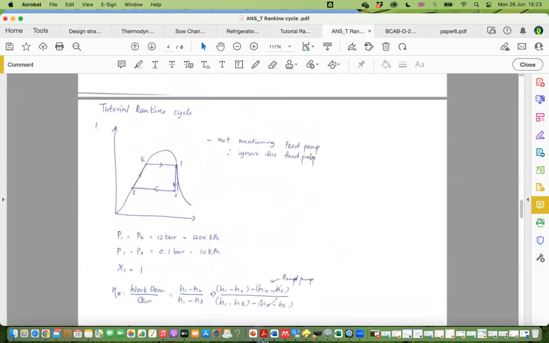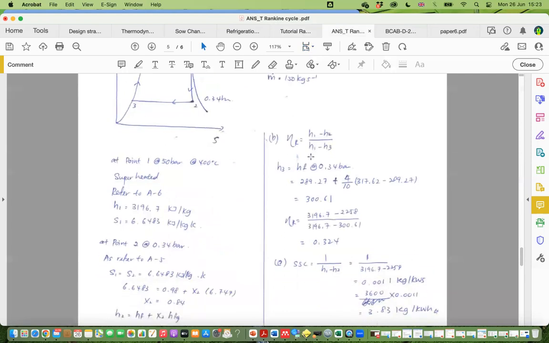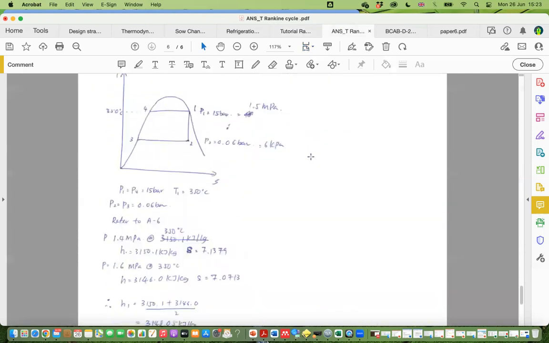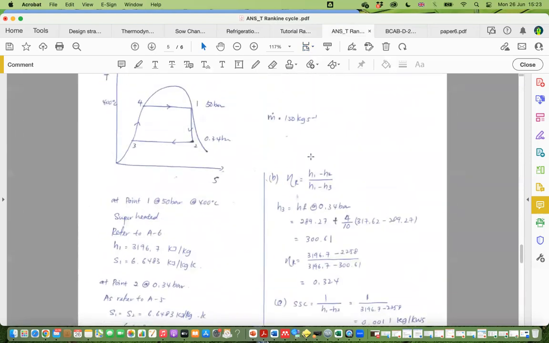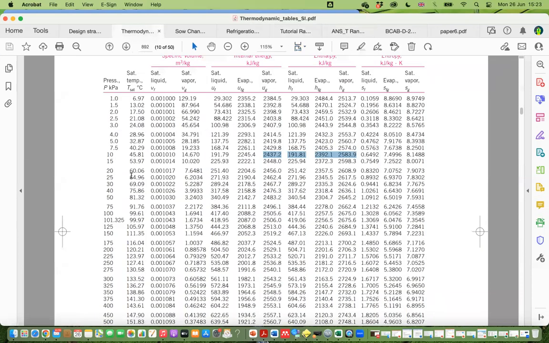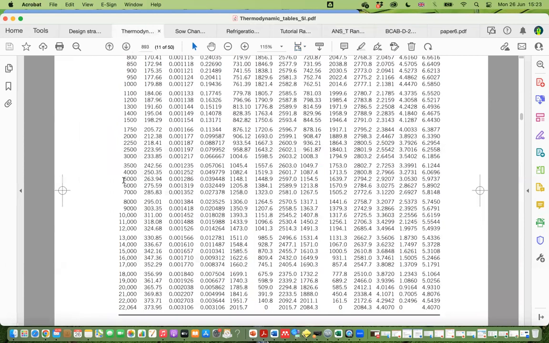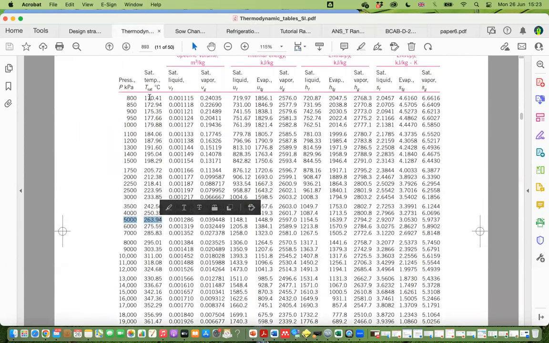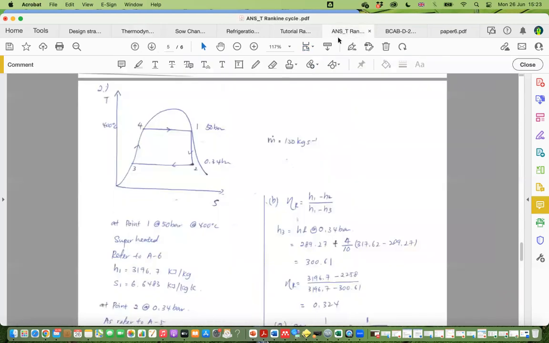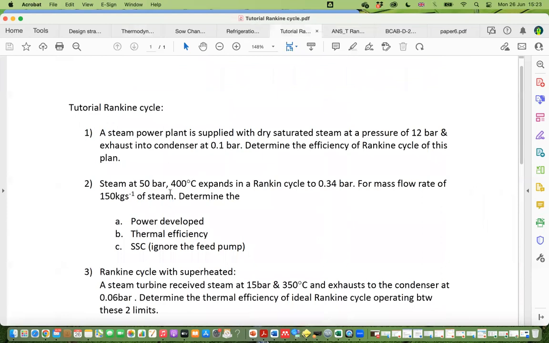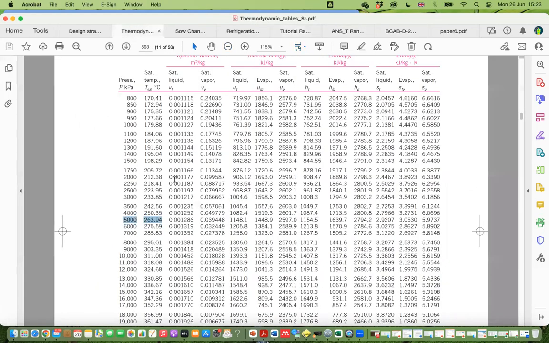This is question number 3. So it's 5,000, we look at 5,000 and look at the temperature here. The temperature is 263, and obviously the temperature given is much higher than what you have in this table.